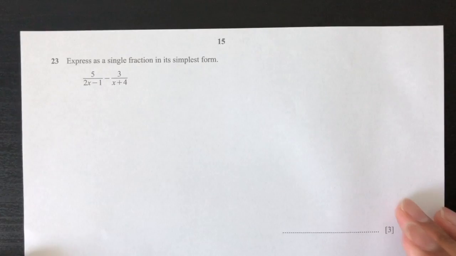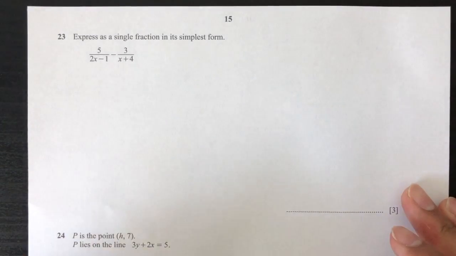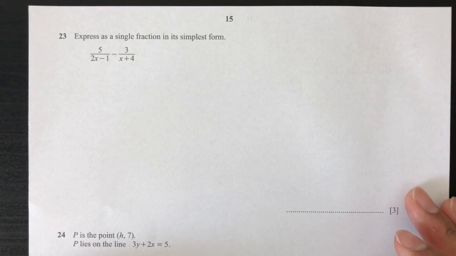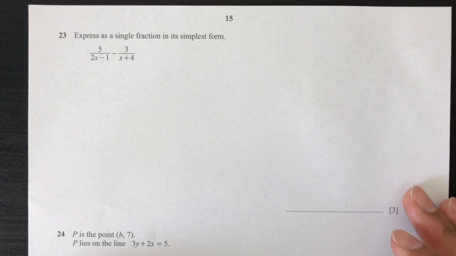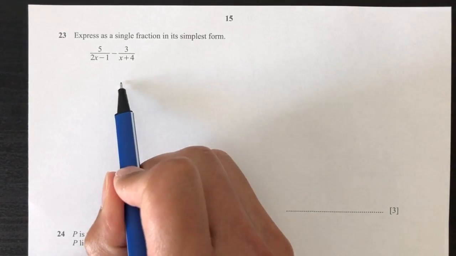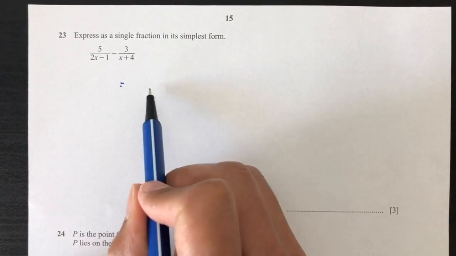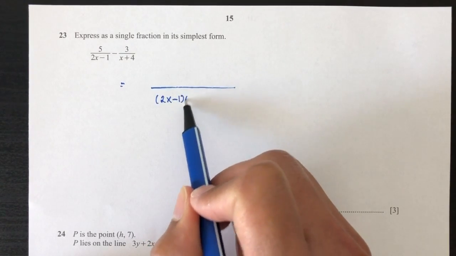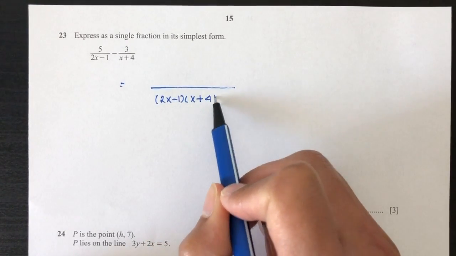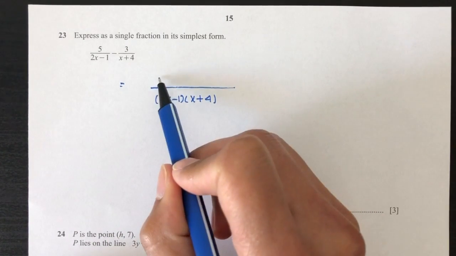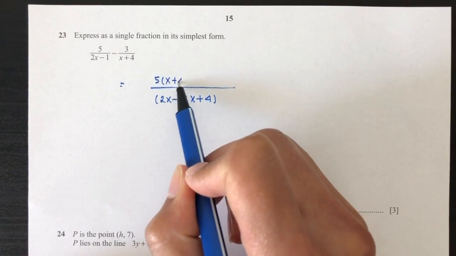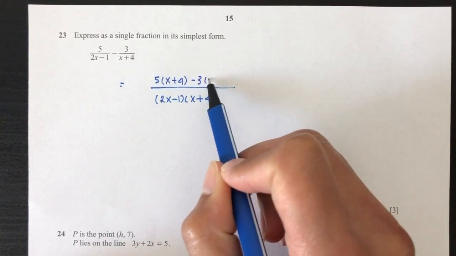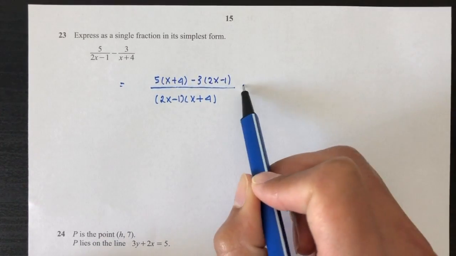Okay, let's move on to question number 23 now. Express as a single fraction in its simplest form. So here we have these two fractions. As you can see, the bases are different, so we can multiply them by each other. So we have this times this times this times this. Then we cross multiply. You will have 5x plus 4 minus 3 times 2x minus 1. Now we can expand.